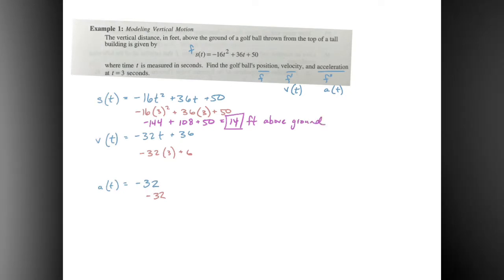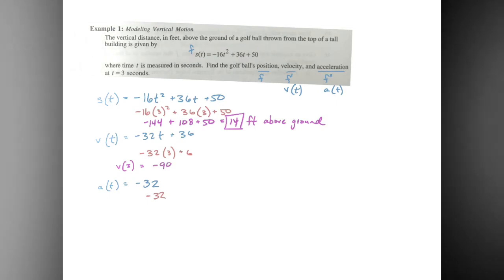And then down here, I'll have the velocity. So v of 3 will equal negative 32 times 3, which is negative 96, plus 6, so negative 90. And its units are feet per second, since t is measured in seconds.